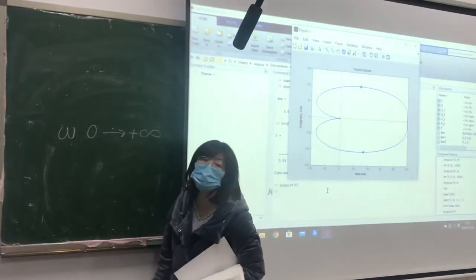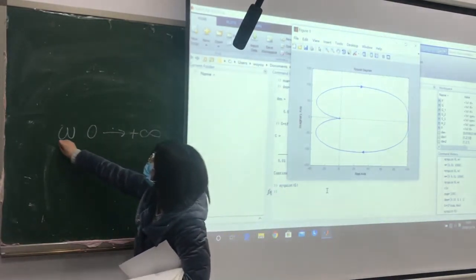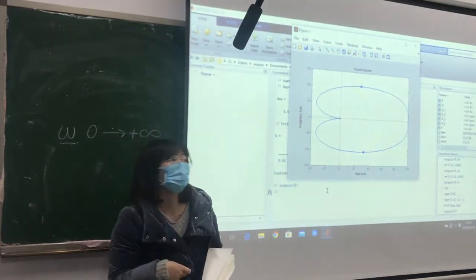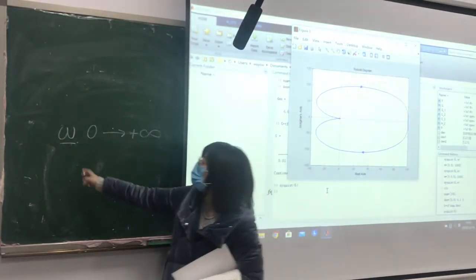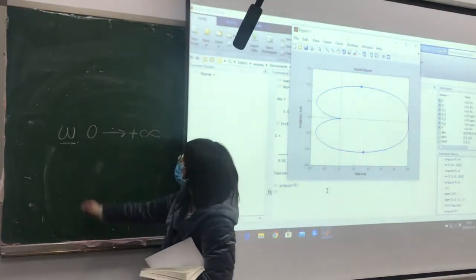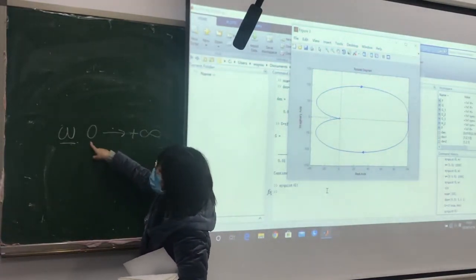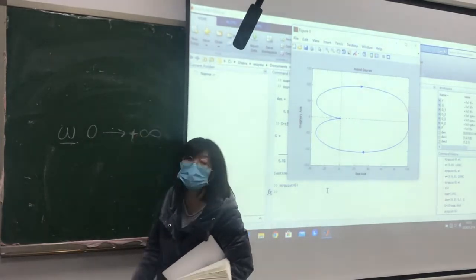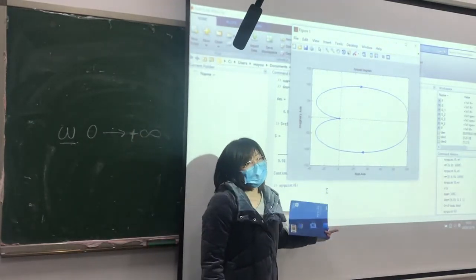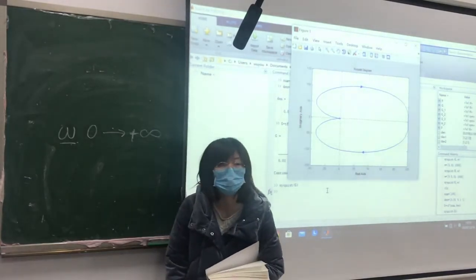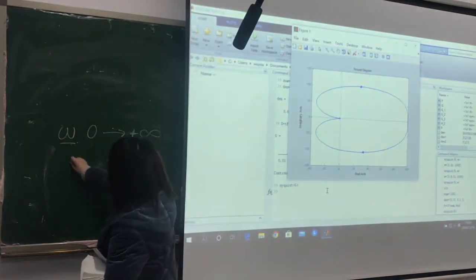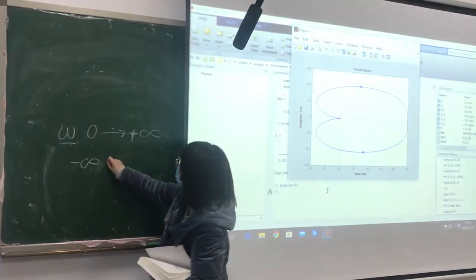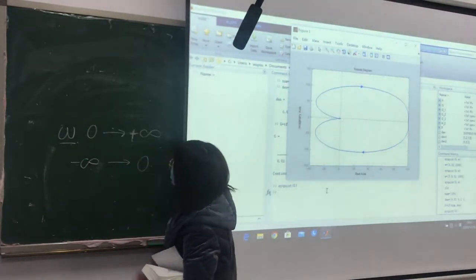Usually, we just think about the situation when omega, the frequency, is bigger than 0, growing from 0 to plus infinity, right? But MATLAB still considers another situation, when omega is from minus infinity to 0.